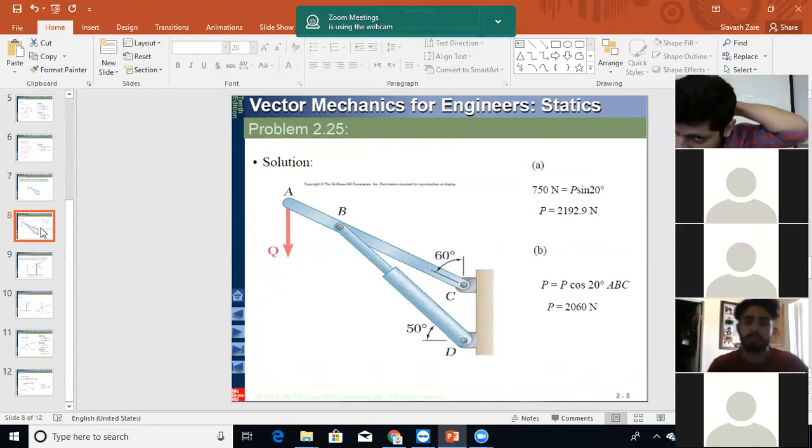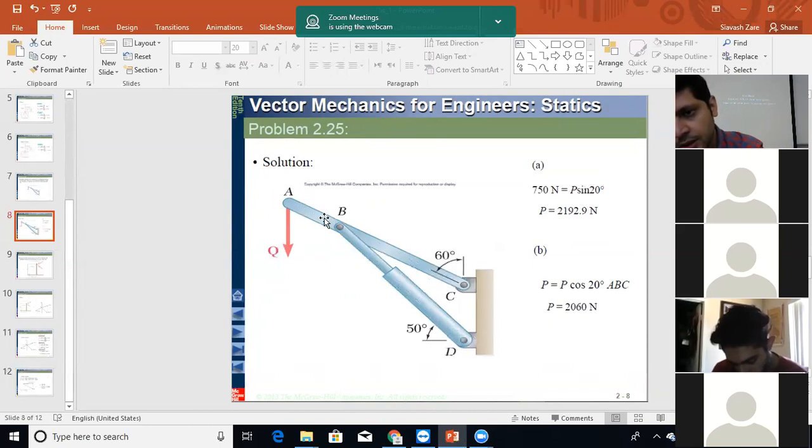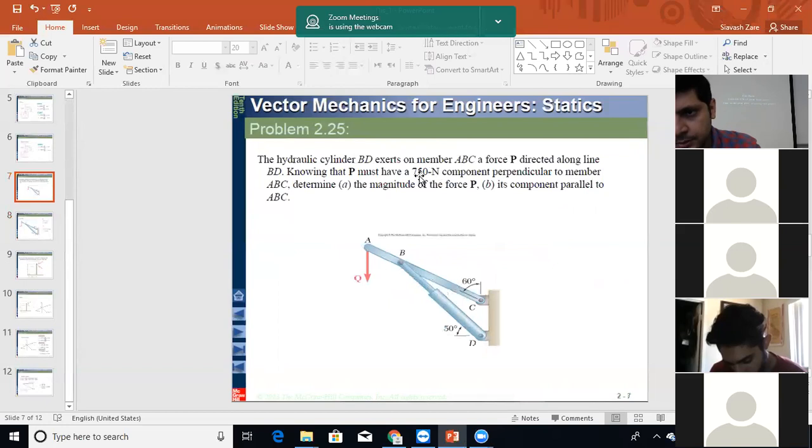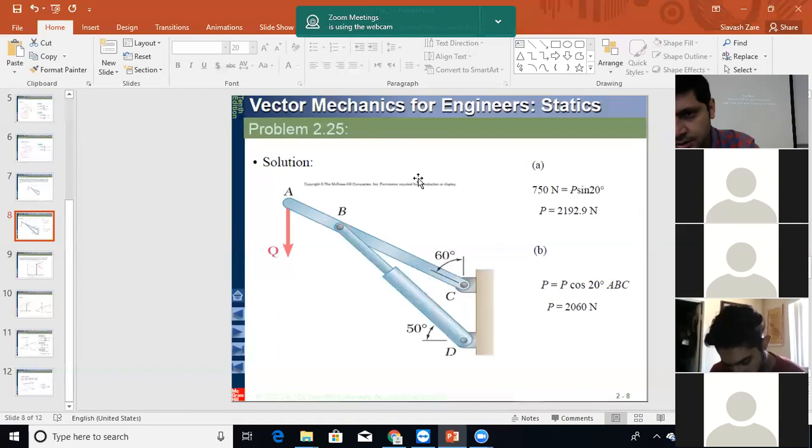So in this problem, you should draw the frame of reference, which we don't have here. Then you have to decompose the force. The frame of reference here is along ABC and perpendicular to that. We know from the problem that we have a 750 Newton component perpendicular to ABC.